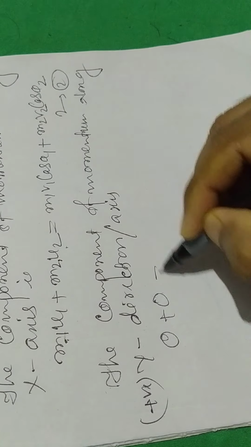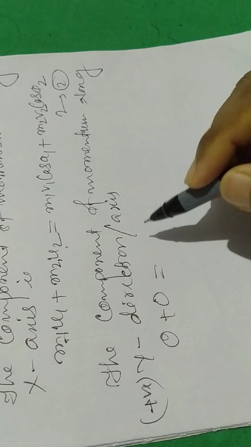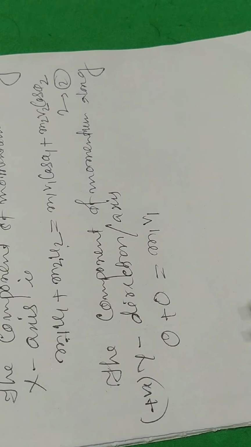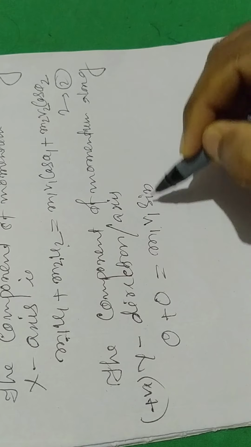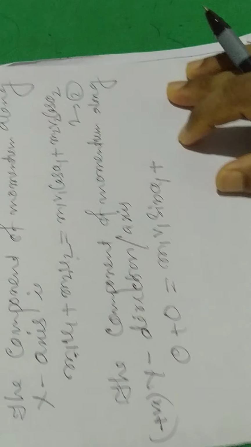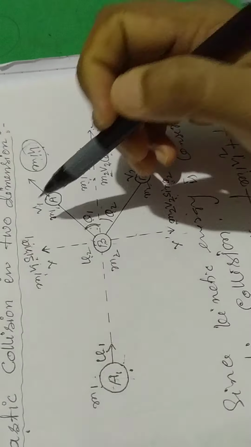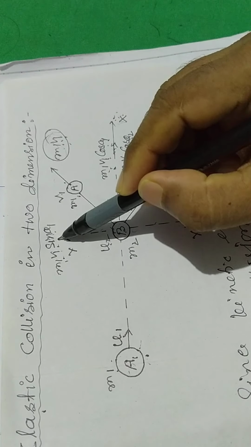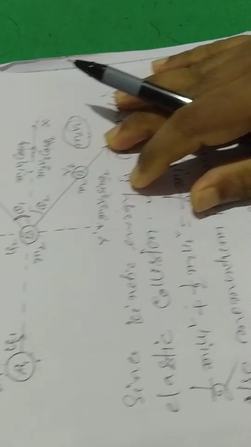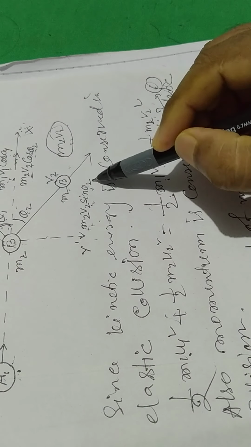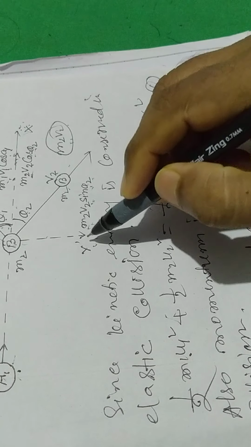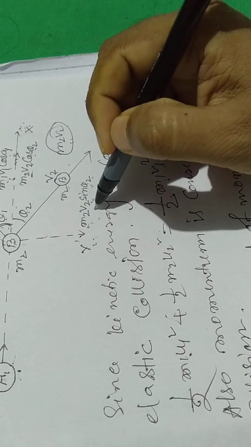So 0 plus 0. And the total momentum along the y axis after collision: for body A it is m1 v1 sin theta 1 along the y direction, but the momentum m2 v2 sin theta 2 is along the y dash direction, downward.